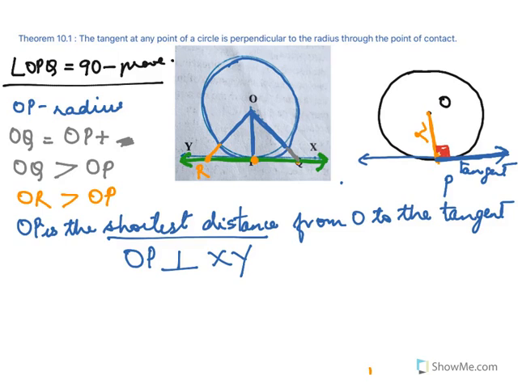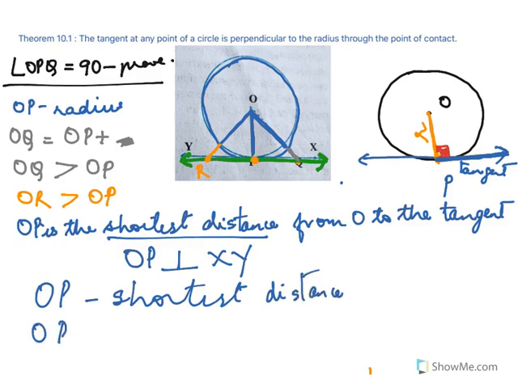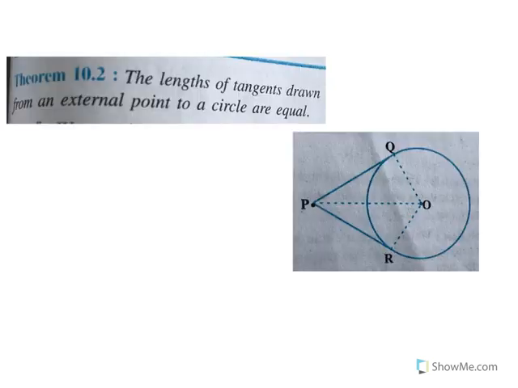So since OP is the shortest distance, we can say OP is perpendicular to XY. So we prove the tangent at any point of a circle is perpendicular to the radius. So we have proved that this angle is 90 degrees.